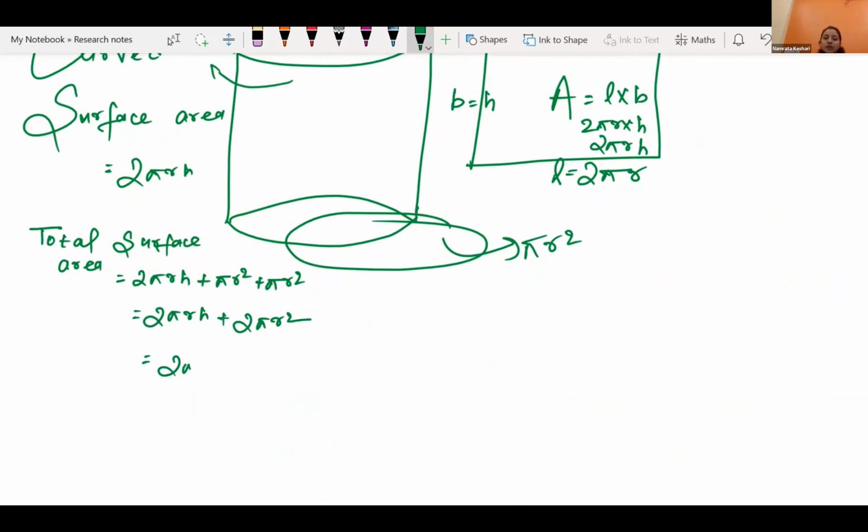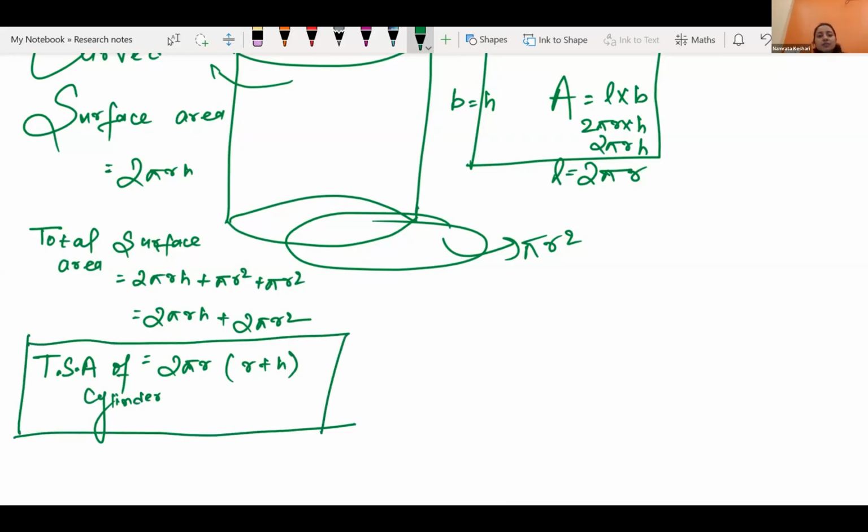That means 2 pi r in bracket r plus h. In general we write total surface area as TSA of cylinder. Formula is 2 pi r in bracket r plus h. From where this formula?